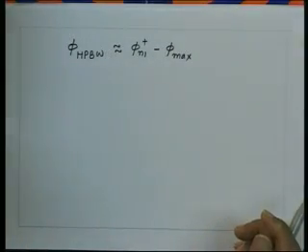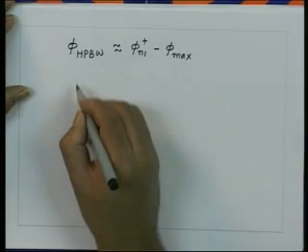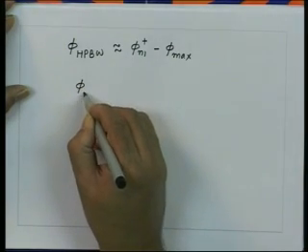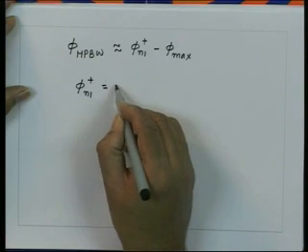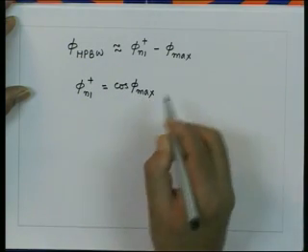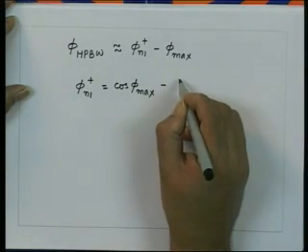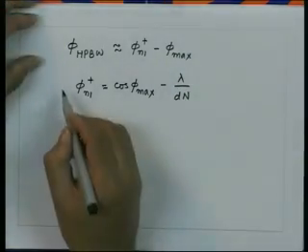So by doing this we get phi n1 plus, that would be equal to cosine of phi max minus lambda upon dn, cosine of this.